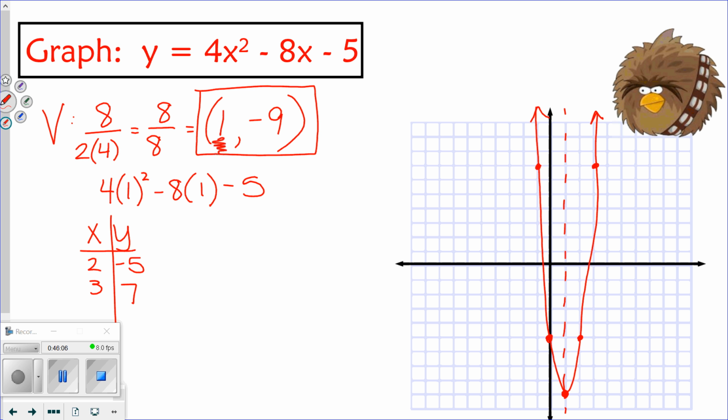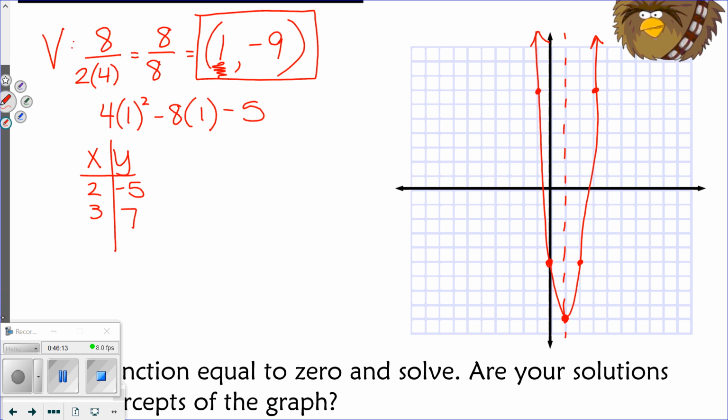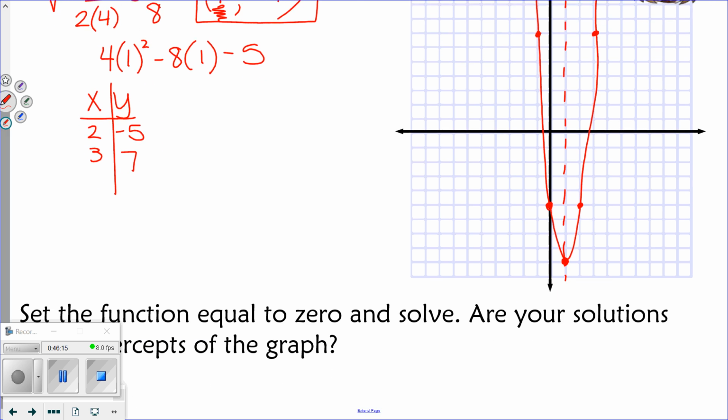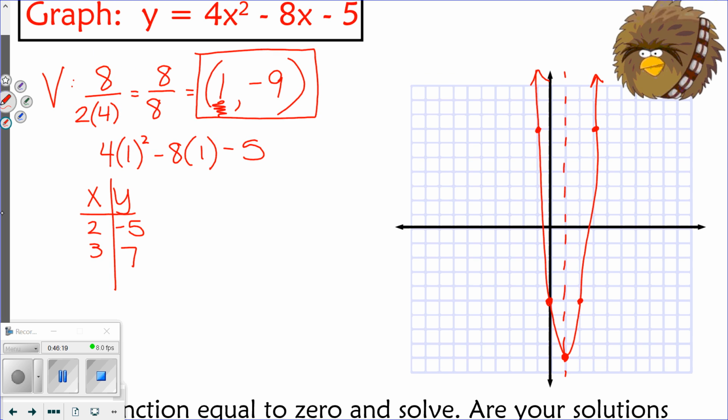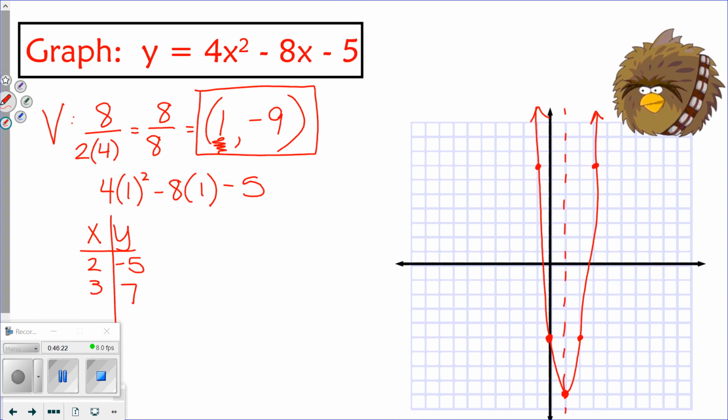Oh, my graph got really kind of messed up. I told you that first one I drew was like the best one you're going to ever see me make. All right. And then there's directions down here. Set the function equal to 0 and solve. So it's kind of like what we were just doing. Just kind of reiterate this, connection between them. So what method would you use to solve this? Quadratic formula? Okay.